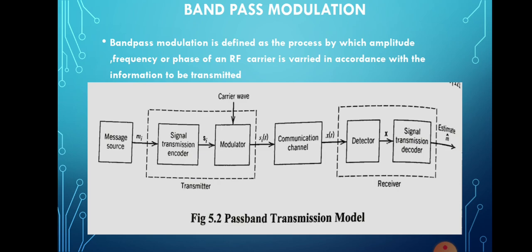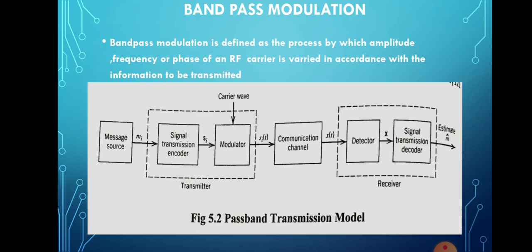Now what is passband modulation, also called bandpass modulation? Bandpass modulation is defined as a process by which the amplitude, frequency or phase of an RF carrier is varied in accordance with the information to be transmitted. The figure shows the passband transmission model. So in bandpass modulation, what process takes place?